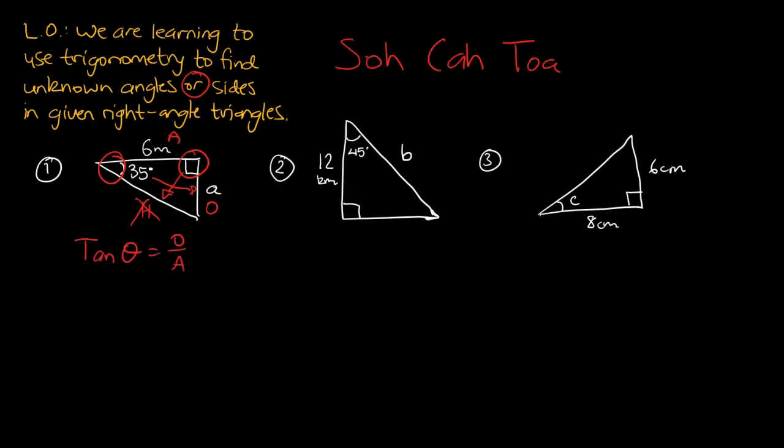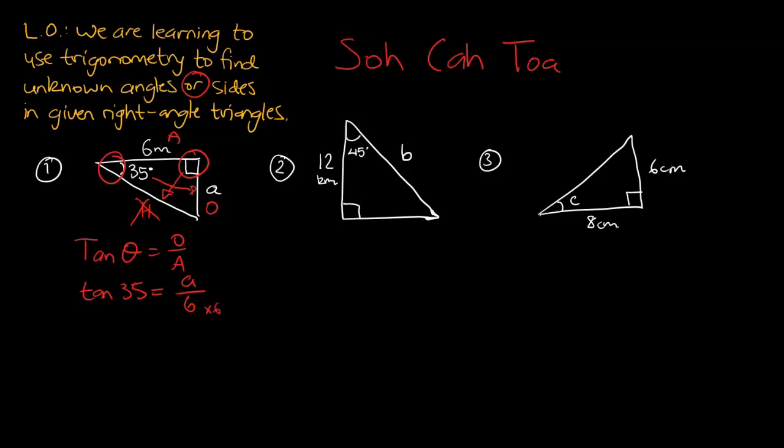We've got our equation, which is the second step. Third step, we've got to substitute. So we need to put in everything. This stands for angle, and our angle is 35 degrees, so we change that to tan 35. That is equal to O, which is the little a up there, divided by A, which is 6 meters. So that becomes 6. We're now going to use our algebra to solve this.